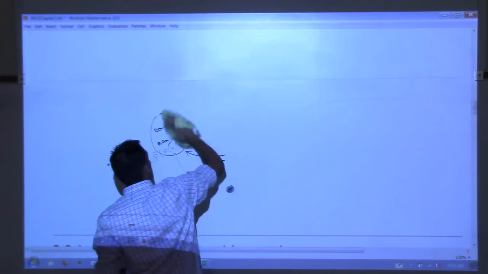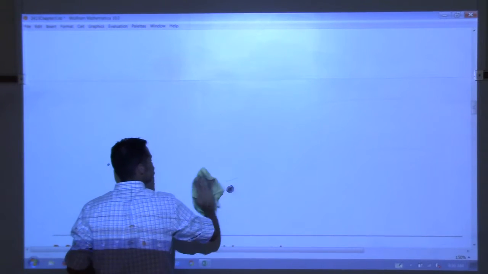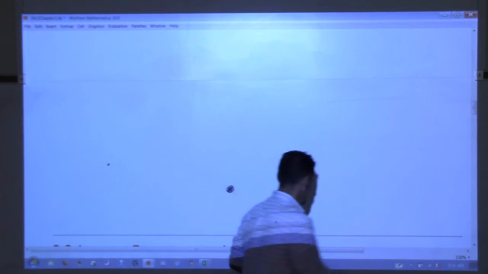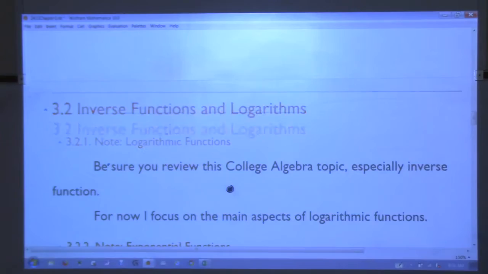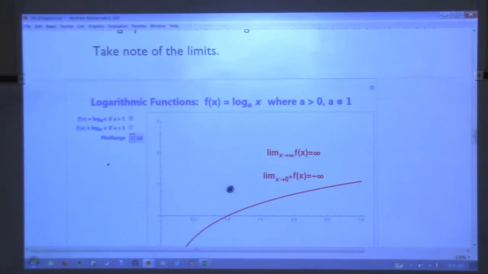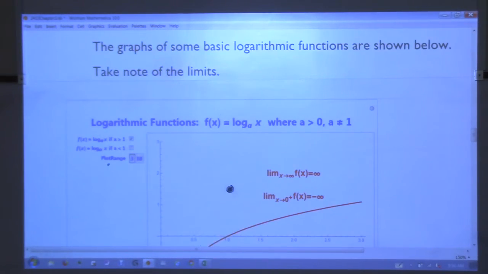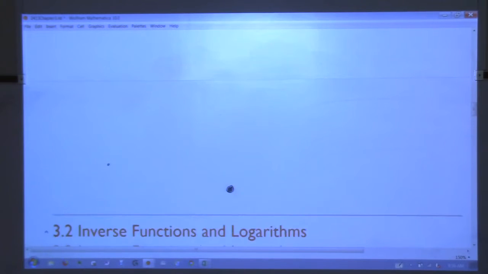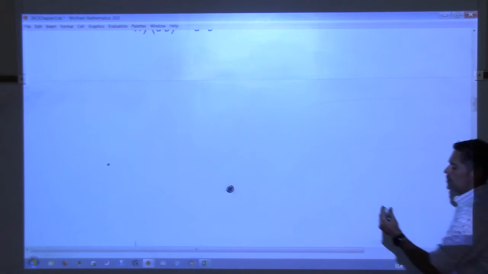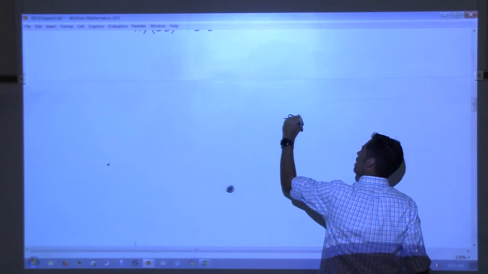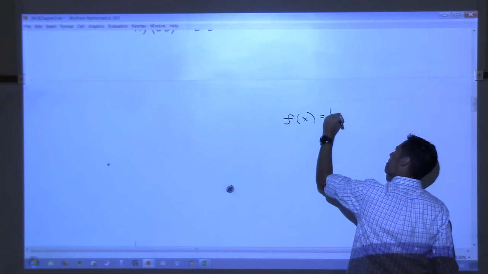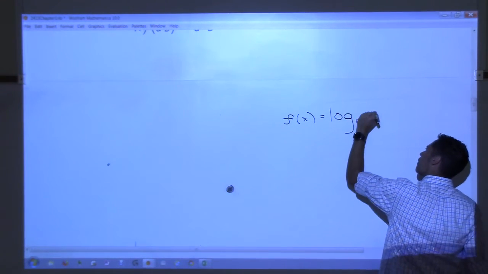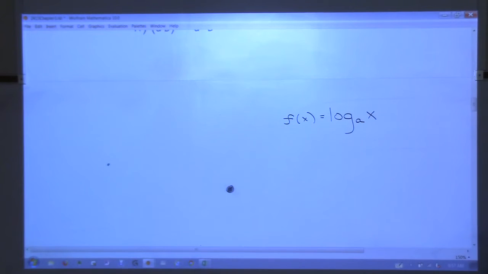Now, I talked about inverses real quick because we're about to discuss logarithms. Okay, so when we talk about logarithms, if we have a function that looks like this, that was called a logarithmic function.